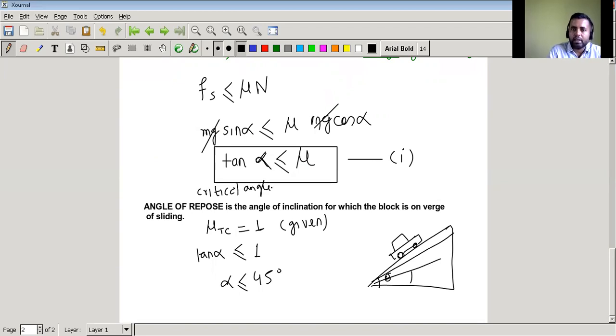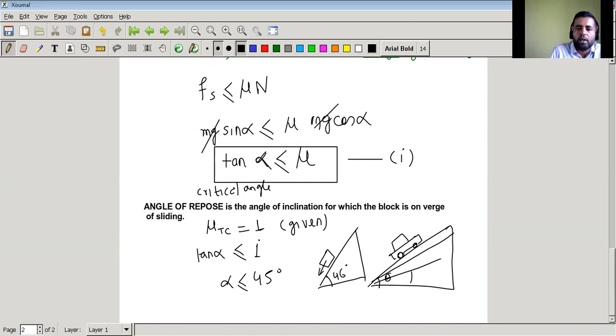That means if I increase more than that, so if you try to park a car where the angle is, let us say, 46 or something, then it will slide down. Now, okay, so the angle of repose for this tire is 45 degrees. Any angle more than 45 degrees, it will slide down, right?